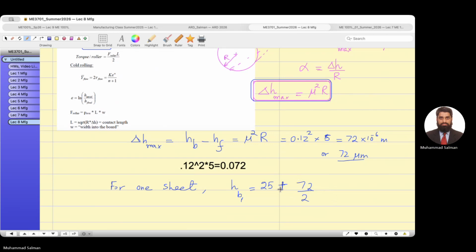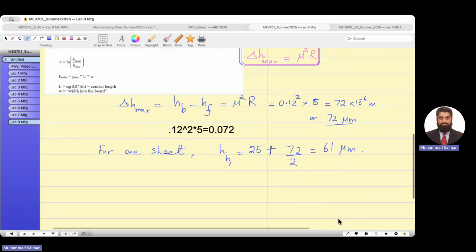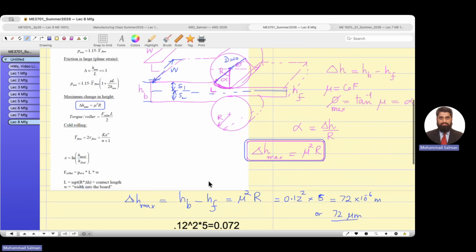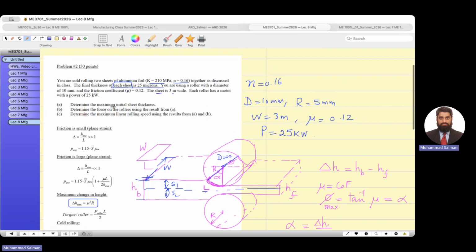So this is how much? 61 microns. So initial thickness of each sheet would be 61 micron. This is the maximum initial sheet thickness.